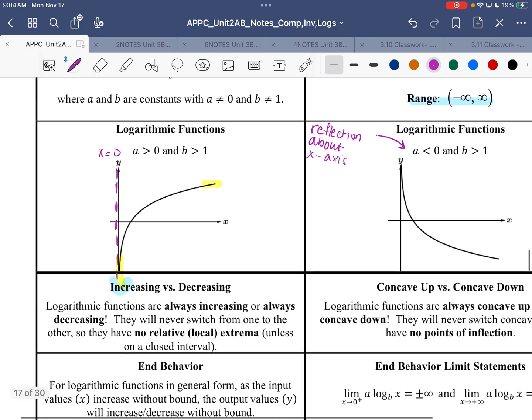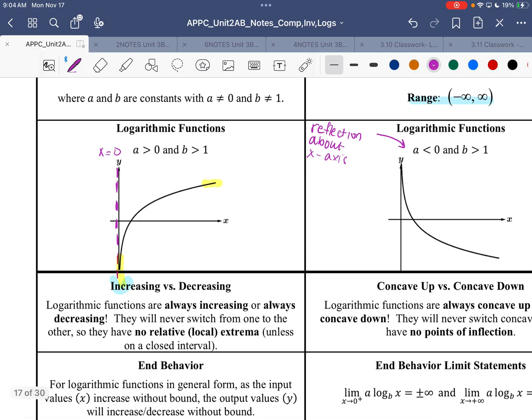So as we're looking at the first graph, let's talk about increasing versus decreasing. Is there any change on the left graph with its increasing or decreasing? No. So because there's no change in increasing or decreasing, what does that mean there's not going to be? Maximums or minimums.